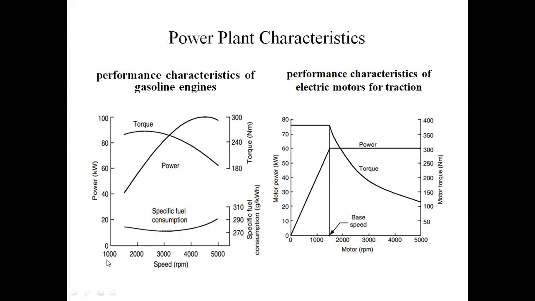Here the x-axis is the speed in RPM: 1000, 2000, 3000, 4000, and 5000. This is the engine speed. This is the power in kilowatts: 0, 20, 40, 60, 80, 100. First, this is the specific fuel consumption on the y-axis, and torque in Newton meters.